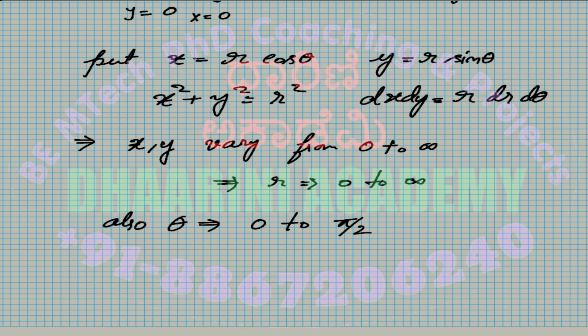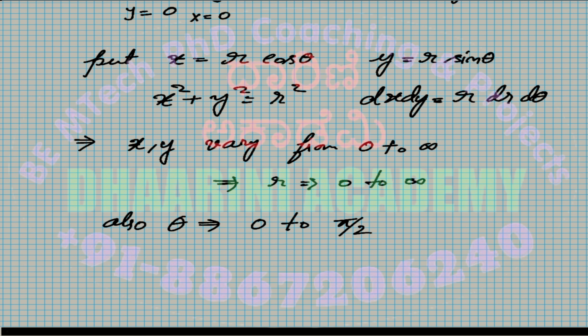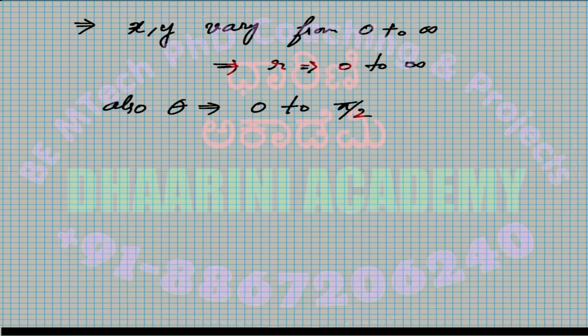Let's substitute and make the changes in the integral. Therefore, I is equal to the double integral, and I'm going to write r dr d theta, so my dx dy is directly replaced by r dr d theta.